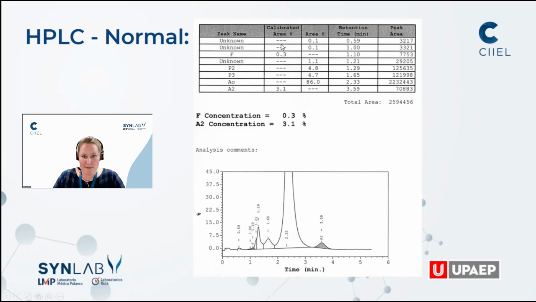You've then got your hemoglobin F at 0.3, and the hemoglobin F is a tiny little peak down here you can see in grey. And then these bits in the middle, the P2, the P3, these are all sort of products of degradation of the hemoglobin. Obviously there is a time between the blood sample being taken and it being run on the analyzer. So within that time you get a certain level of degradation, and this is where those degraded products usually come out on the HPLC.